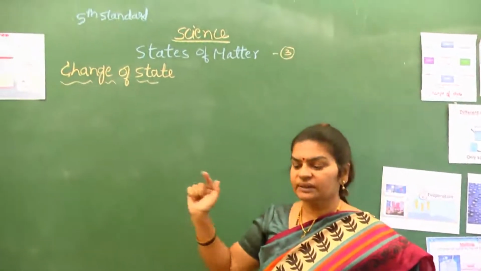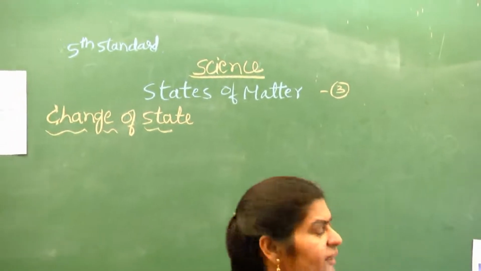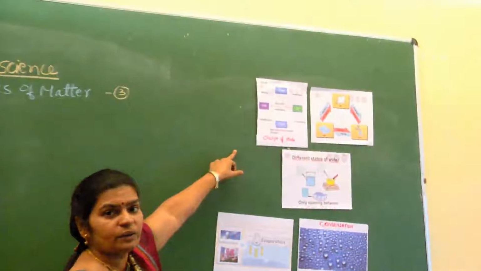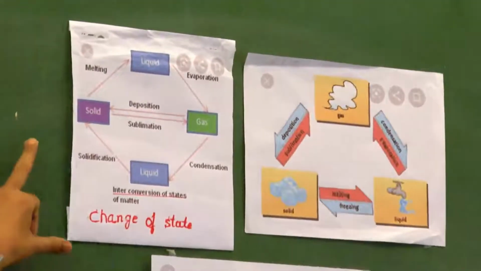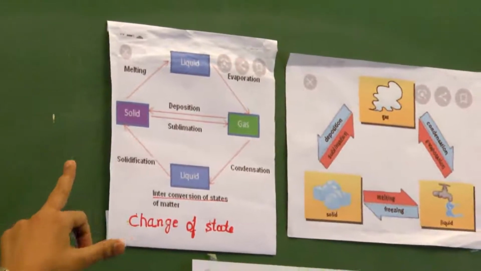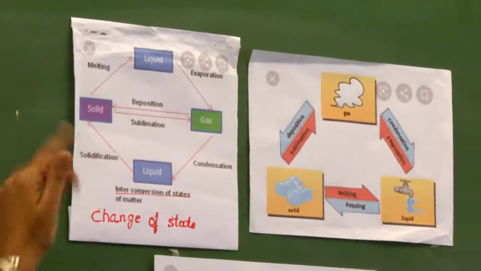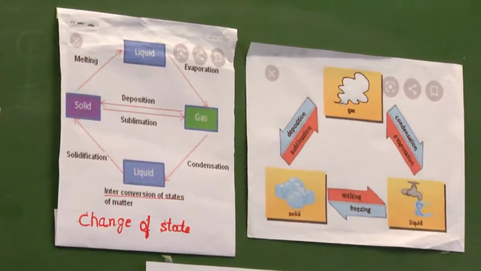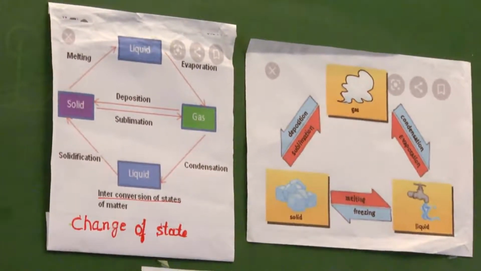So the first thing that we are going to consider in the change of state is the solid. A solid is going to get converted into liquid, and that conversion of solid into liquid is called melting.